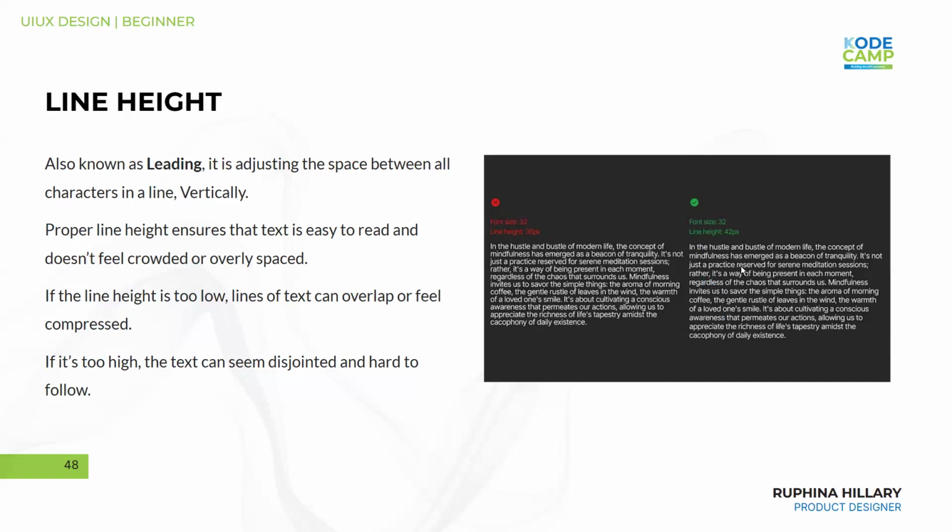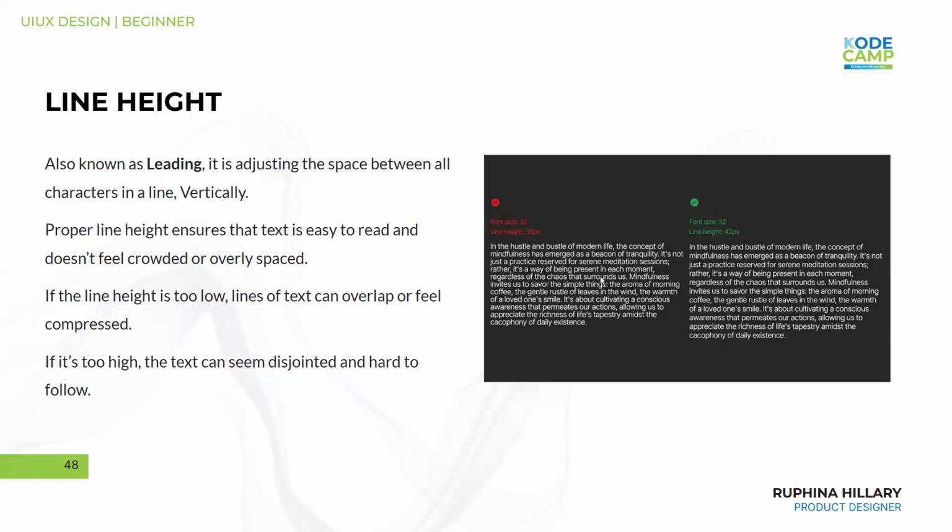Now, if you look at this text on the right here, you can see the space between them. This is one line. This is another line. This is another line. Okay. So now the line height in this text is 42 pixels. So you can see that it is spaced out. The paragraph is spaced out. But the line height in this one is 36 pixels.